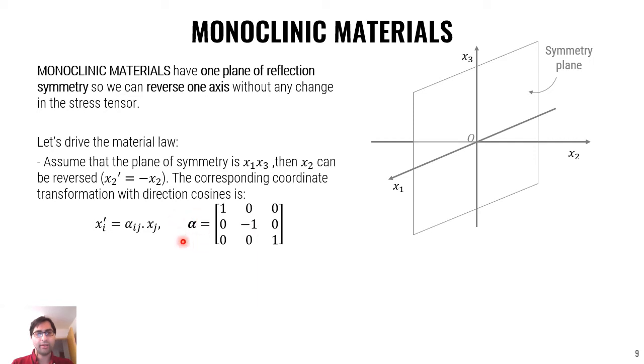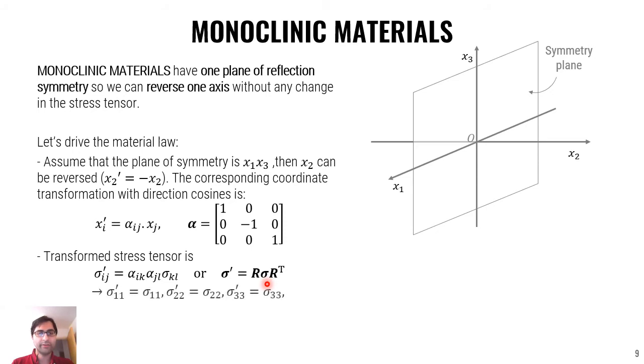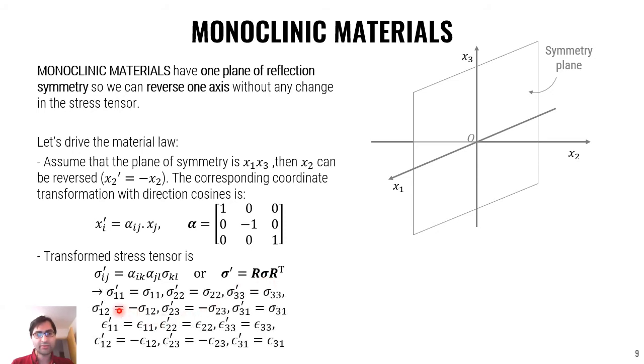If we employ alpha to transform the original frame x, as a result, we can find the transformed stress tensor from R sigma R transpose, and it basically gives us these relations.